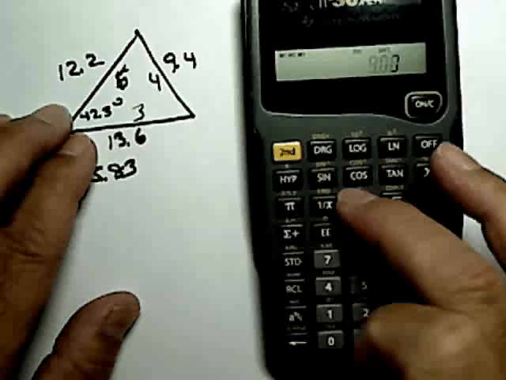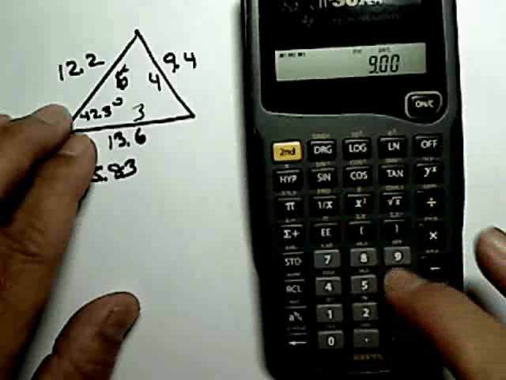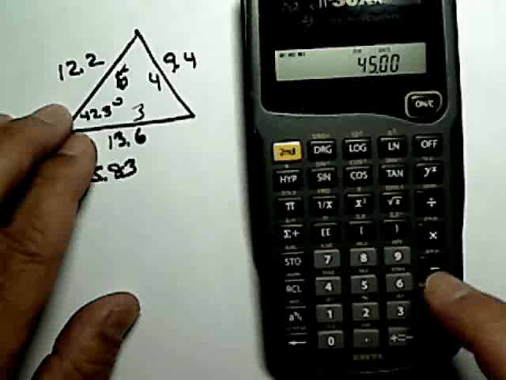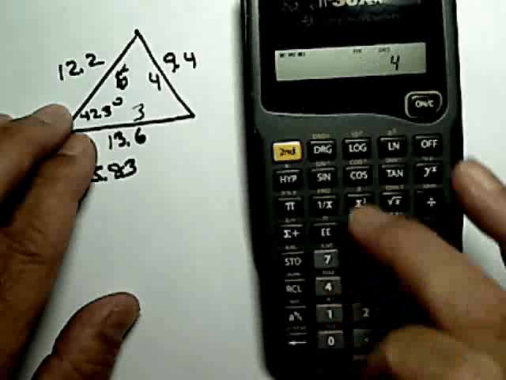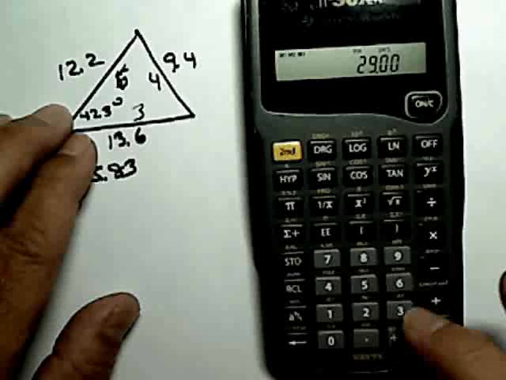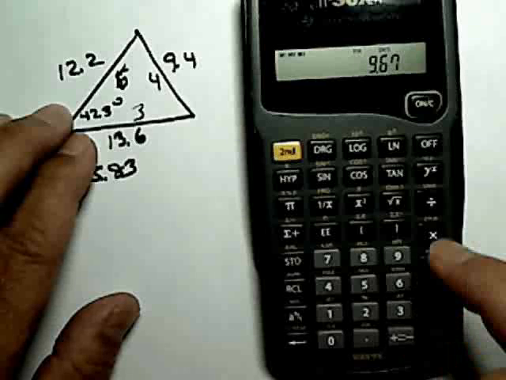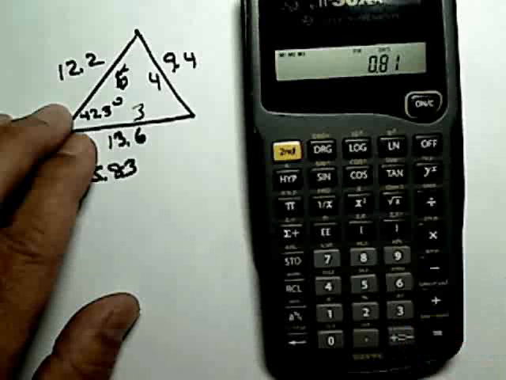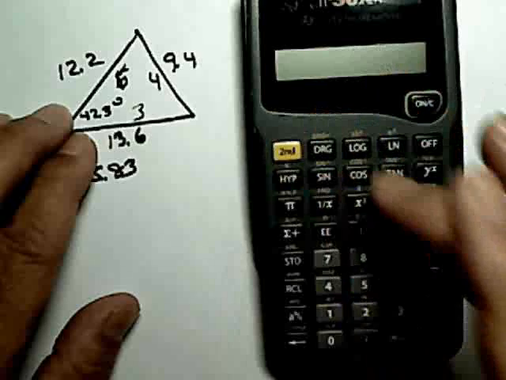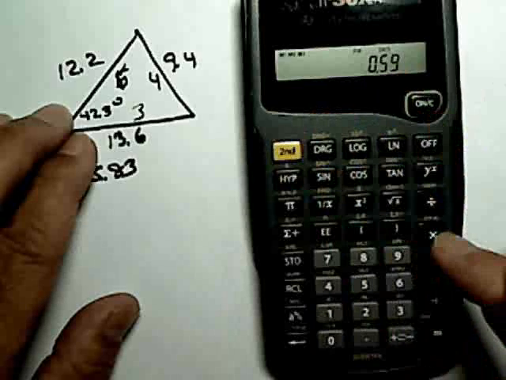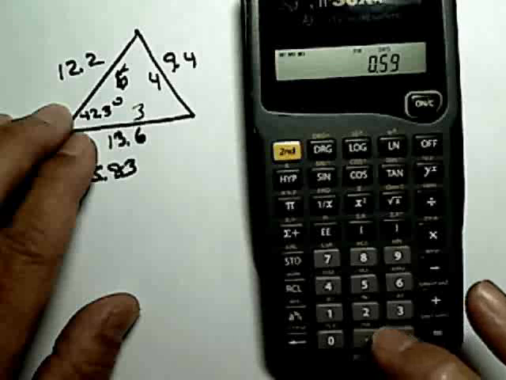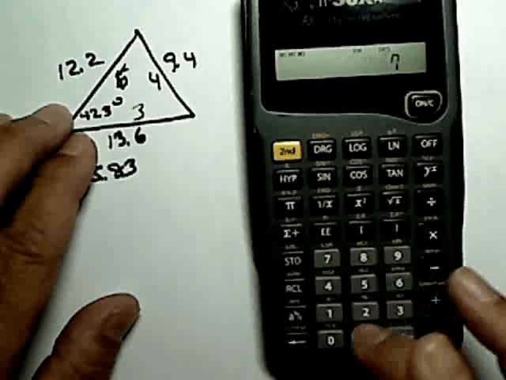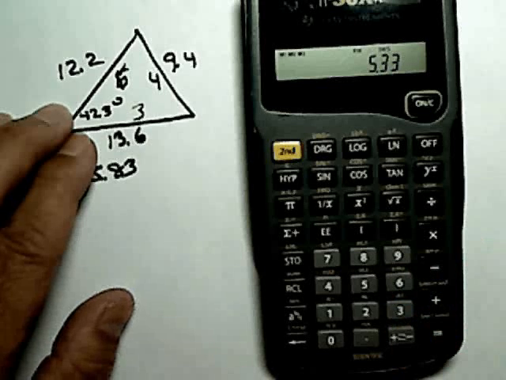Take 3 squared plus 6 squared minus 4 squared equals, divide by 3 equals, divide by 6 equals, divide by 2 equals, take the inverse cosine, take the sine, times 3 times 6 times 0.5, and the answer is 5.33, which I've told you in the past.